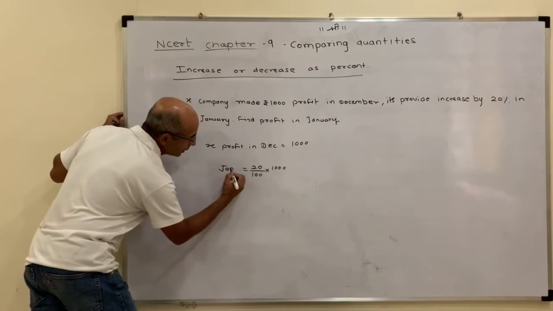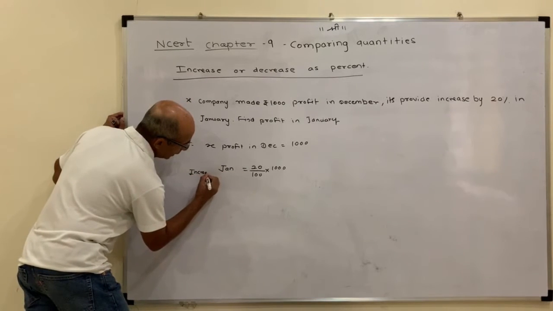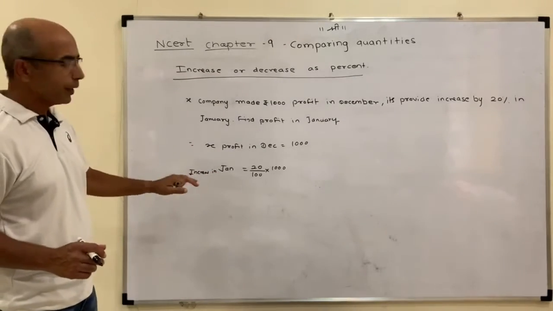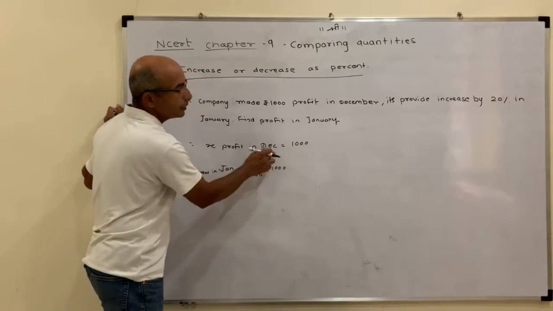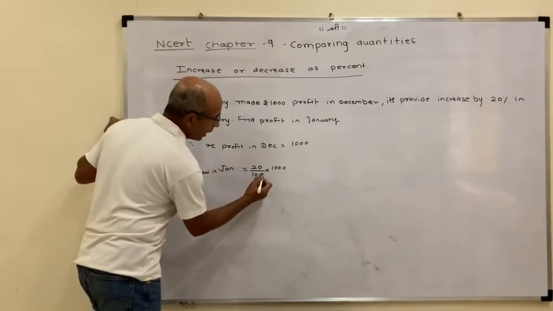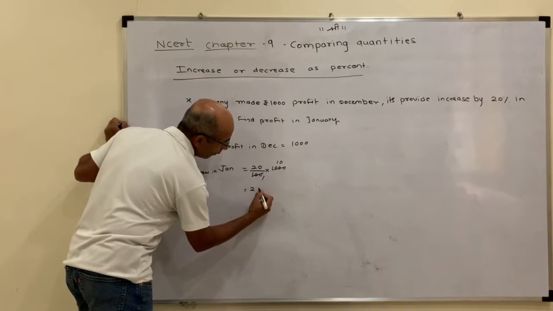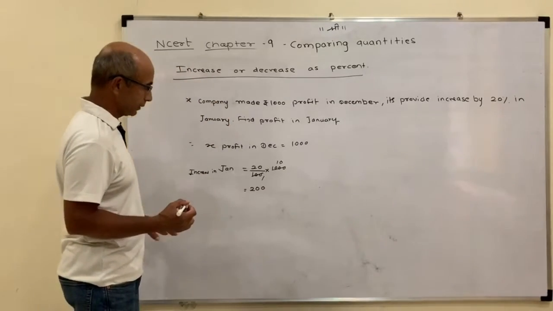Increase in Jan is 20%. So 20 divided by 100 into 20 divided by 100 into 1000, because the original profit is 1000 rupees. So 100 ones are 100, 100 tens are 1000. So the profit increased by 200 rupees.